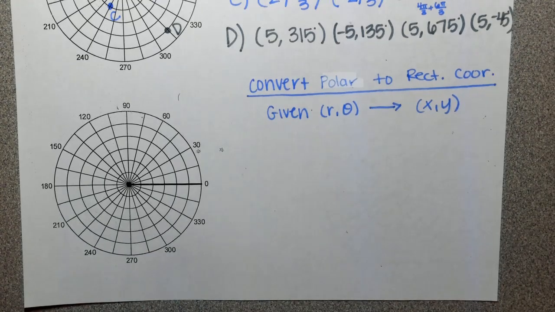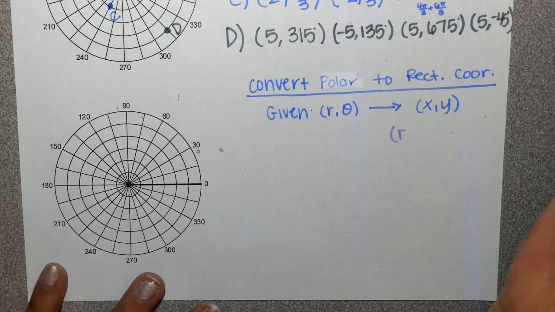Now we kind of did this last week with complex numbers, but instead of converting to x, y, we converted to a, b, right? It's kind of the same concept, but we are no longer going to have imaginary numbers anymore. All right, so what do we know about r, theta? How do we find x and y? How do you find x if you know r, theta?